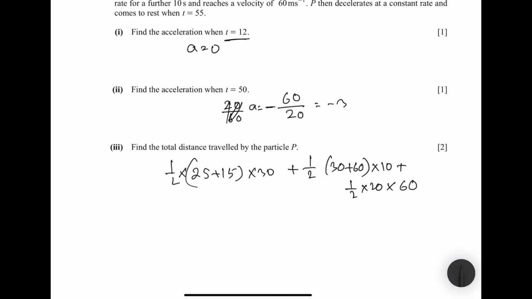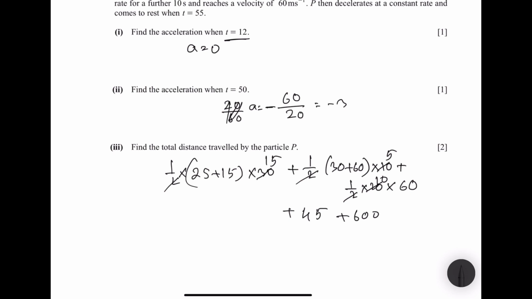Now let me simplify this. This is 2, 15, and then 5, 10. The last part is 600, and 60 plus 30 is 90, into 5 is 45.